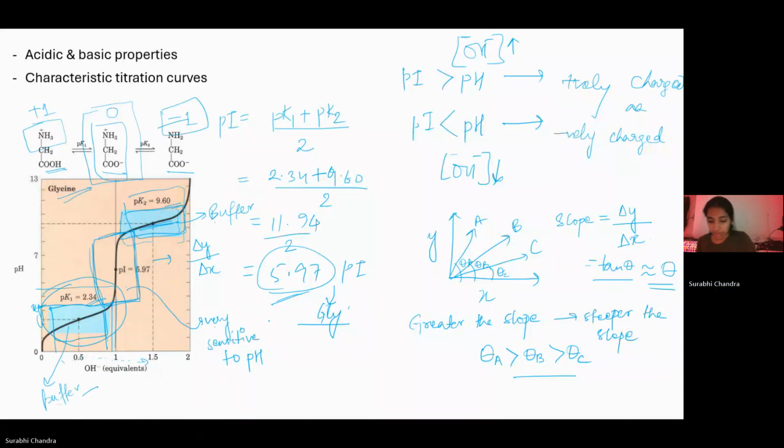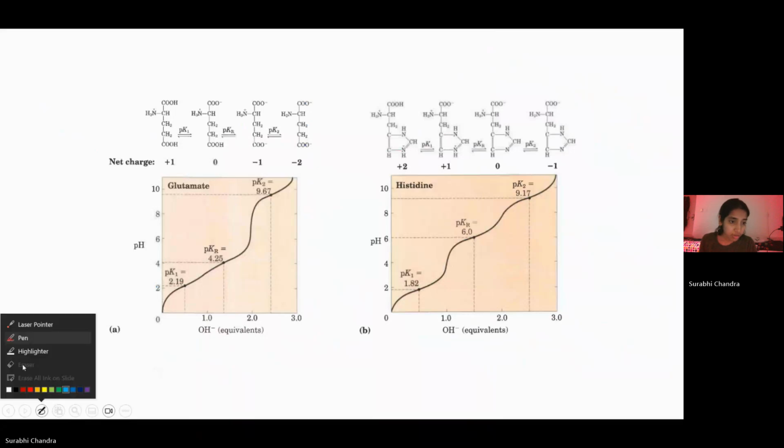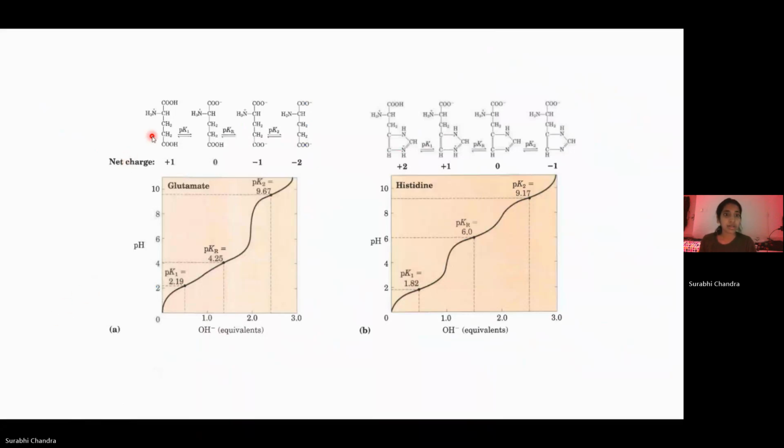Now, when the R group is much more complicated, or there's any positively charged or negatively charged group, in case of, suppose, glutamate, there's an additional carboxyl group present over here.